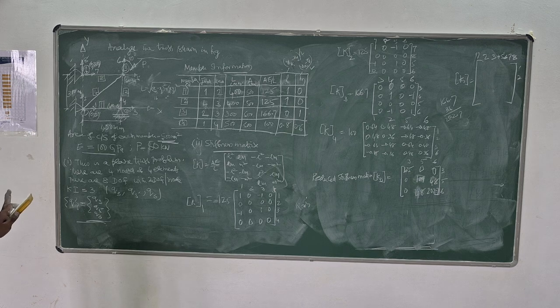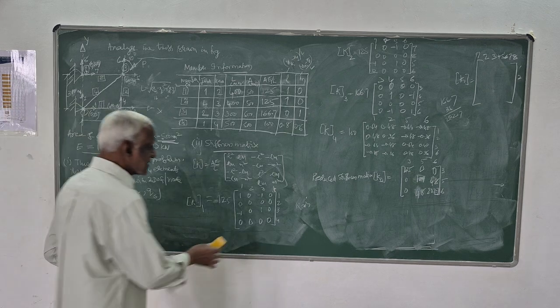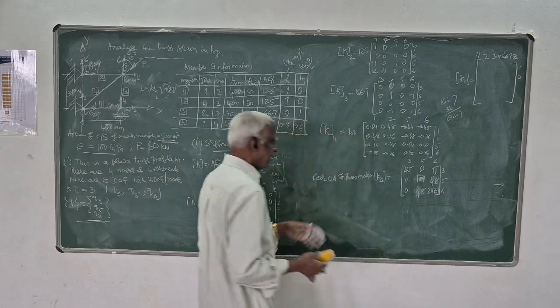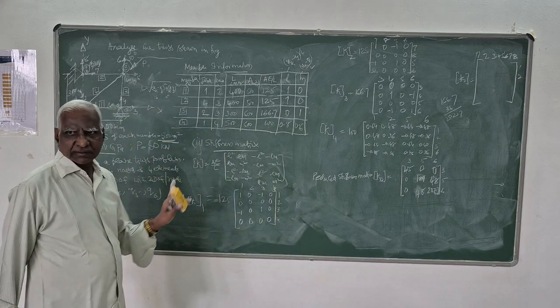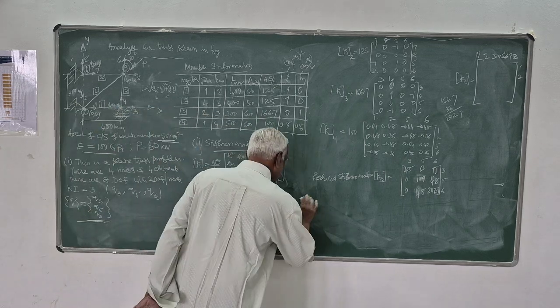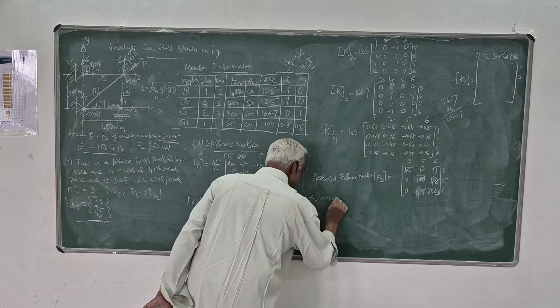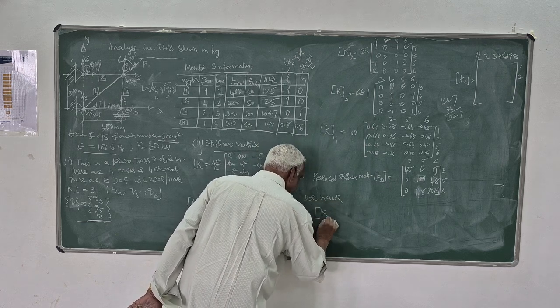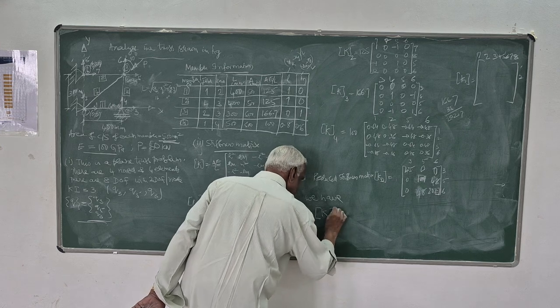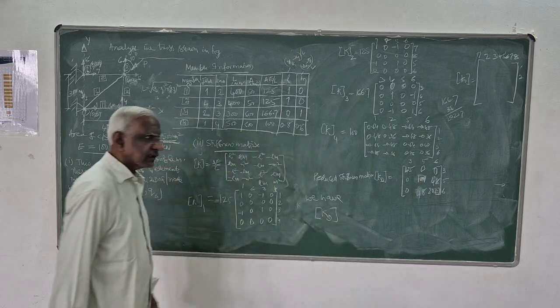So this much information is there. Then last thing you have to find are the unknown displacements from this. That's all. So next step. We have the element equation in this total structure.